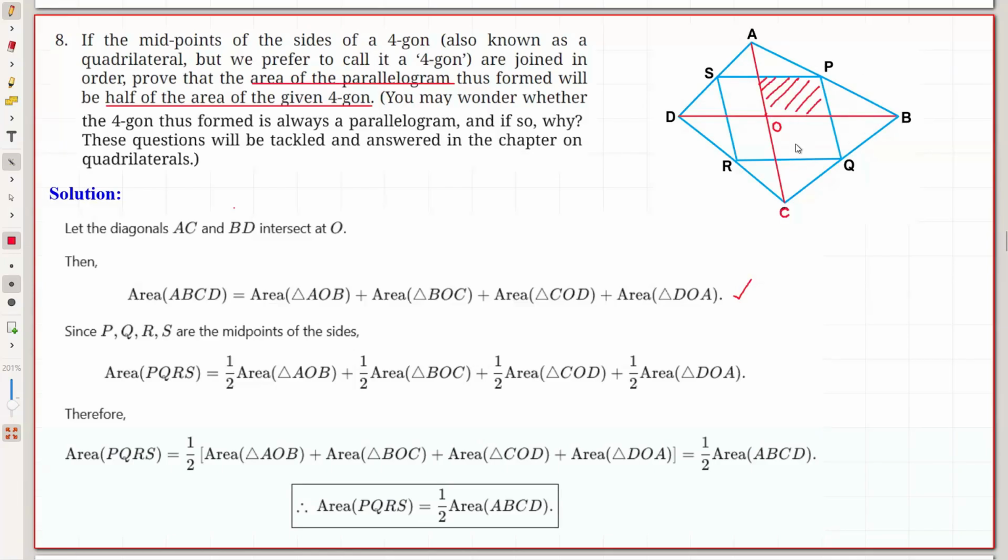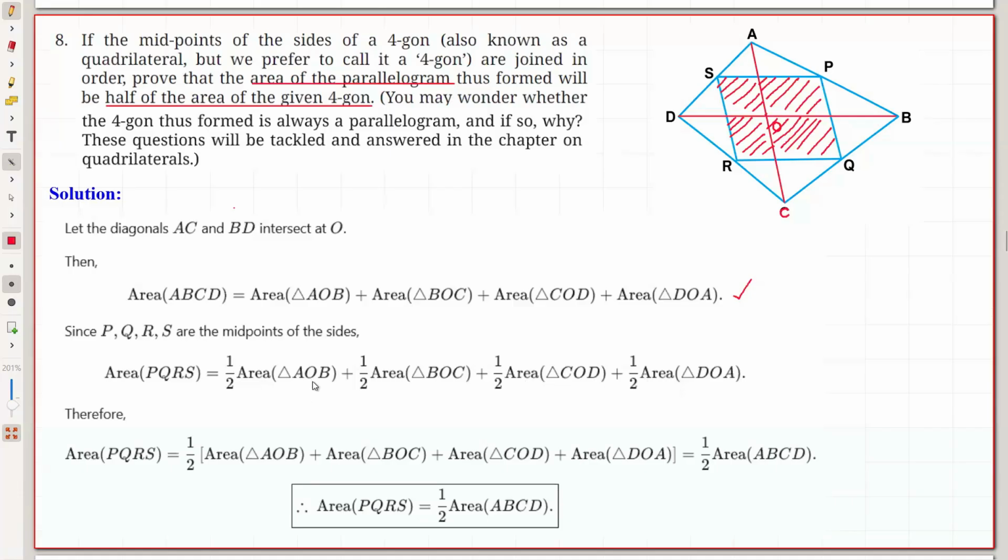In the same way, this portion is half of the triangle OBC, this portion is half of the triangle COD, and this portion is half of the triangle ODA. If you add all this, you get the area of the parallelogram PQRS.